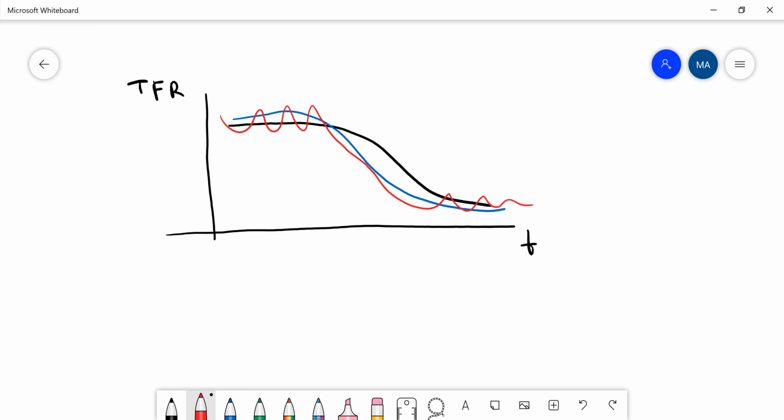What is important here is this: when a country develops, when a country gets richer and richer, total fertility rate decreases. This is called fertility transition.